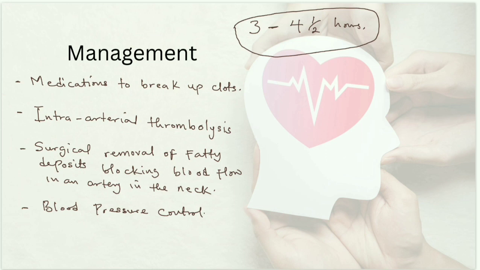So I just wanted you to have an idea of what the management is like. You don't need to know the details, but at least you have an idea that, just like a pipe is blocked by clots, what can be done to dissolve the clot? Probably a medication can be given to break it up, or probably a catheter. A catheter is like a pipe.